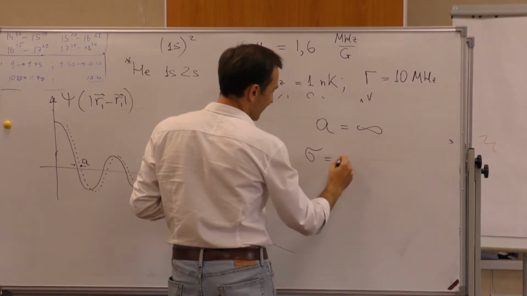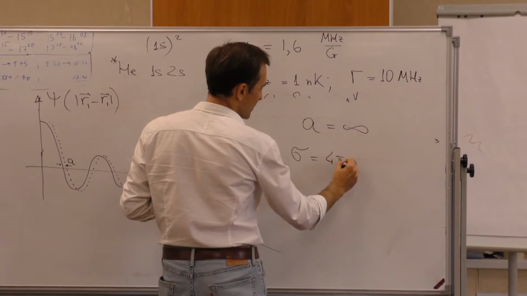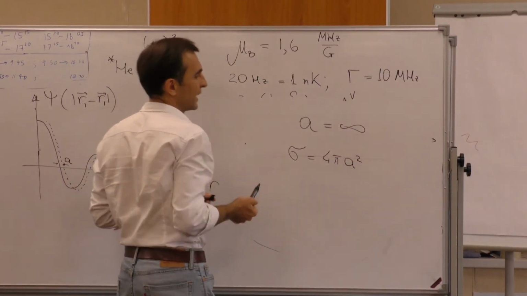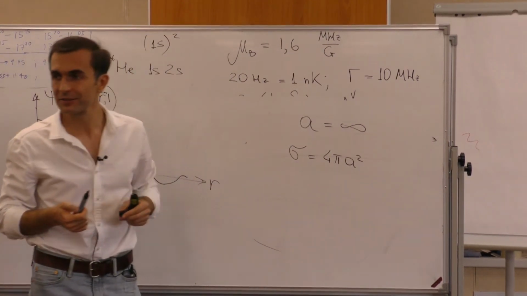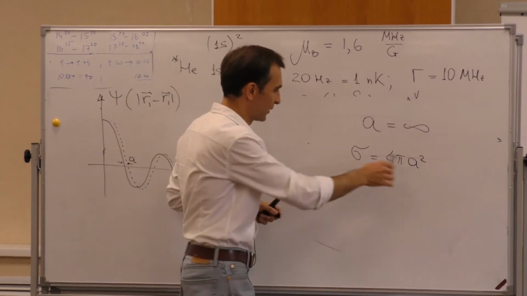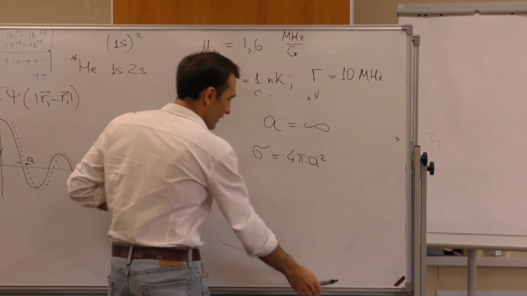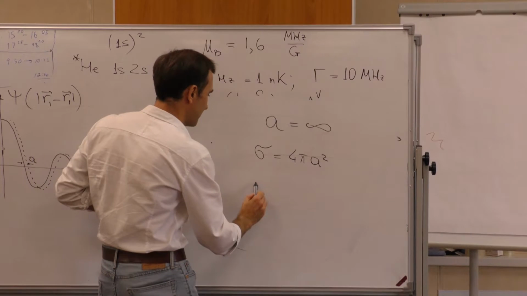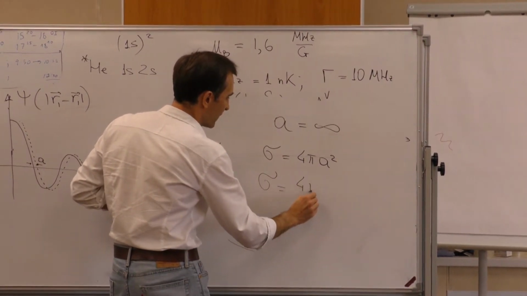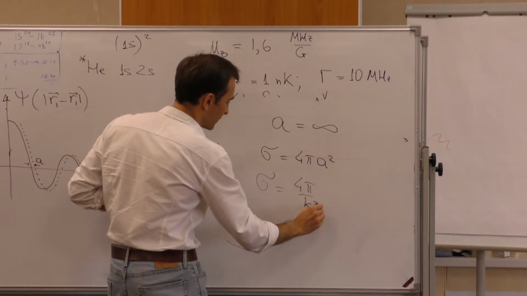If we write the expression, the cross section for atom-atom collisions is 4 pi times the square of the scattering length. Of course, it's a nuisance. It's prohibited by unitarity. The limit is 4 pi over k squared.